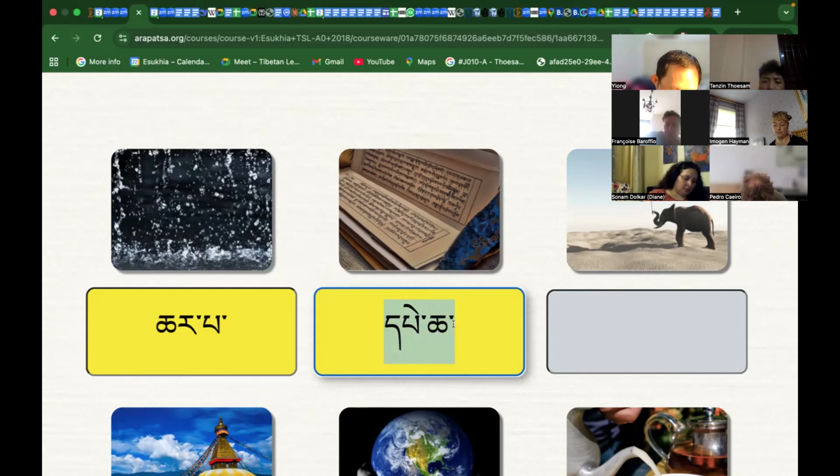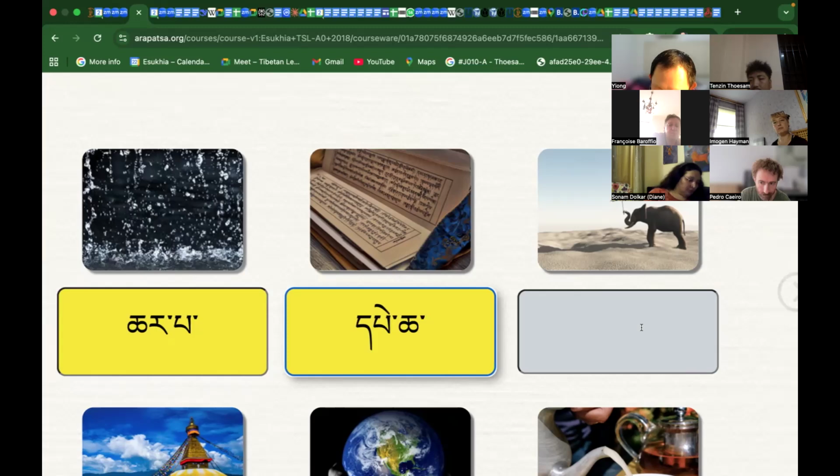Pecha shaksa. You can make example. Consider this example in this scripture. So pecha scripture. That's it.